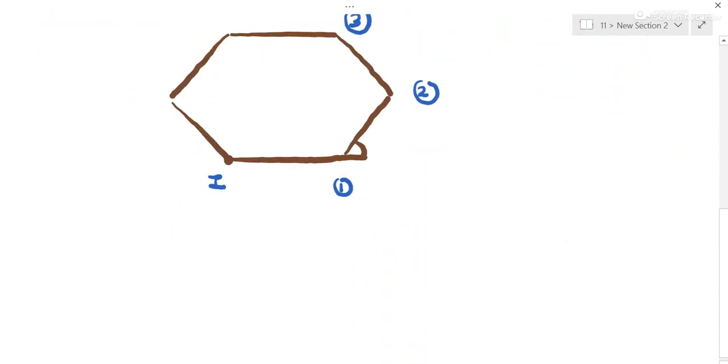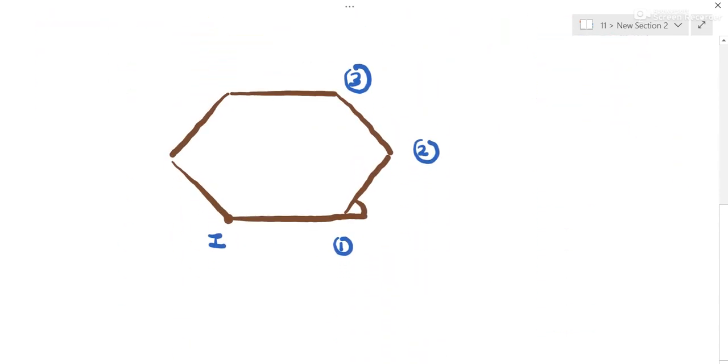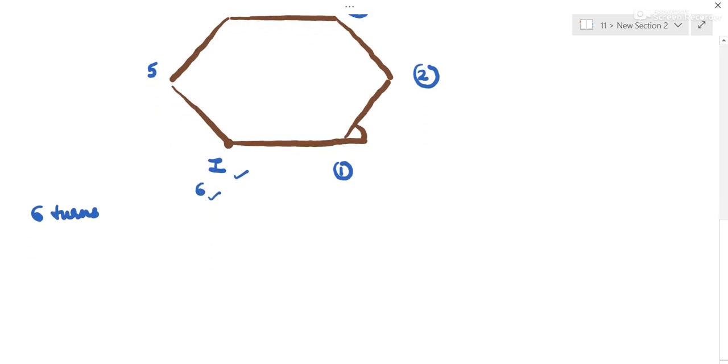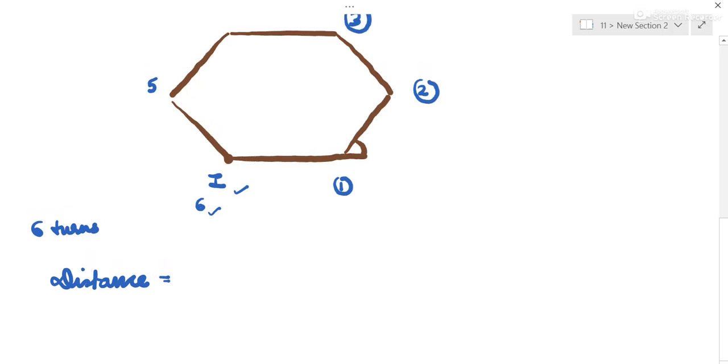So we are doing it for sixth first. Case number 2 for 6 turns. Okay. So 1, 2, 3, 4th turn is this, 5th is this, 6th is this only. 6 is equal to the initial position. So for 6 turns, the total distance is the sum of all individual lengths.